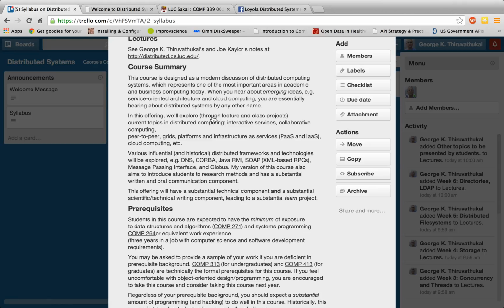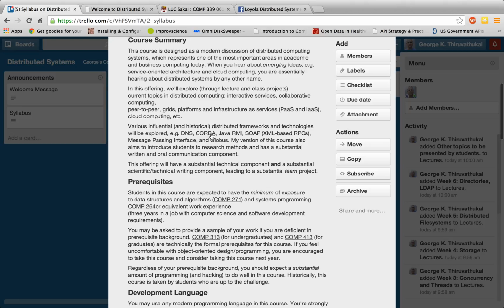We'll likely take a tour of some historical but important frameworks, things like the DNS system, CORBA, which is for distributed object computing, and some of these may or may not be covered, but the idea is to have a practicum.